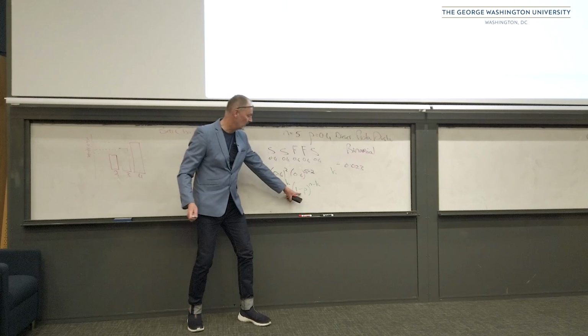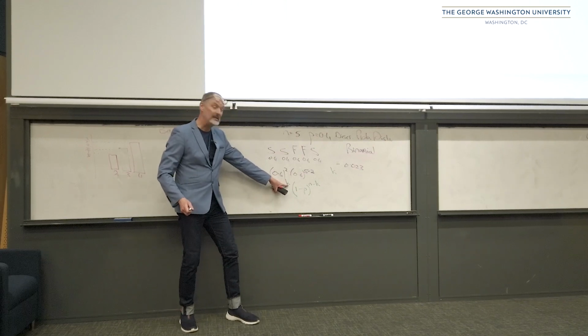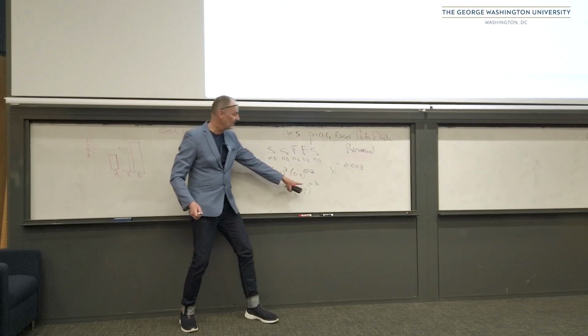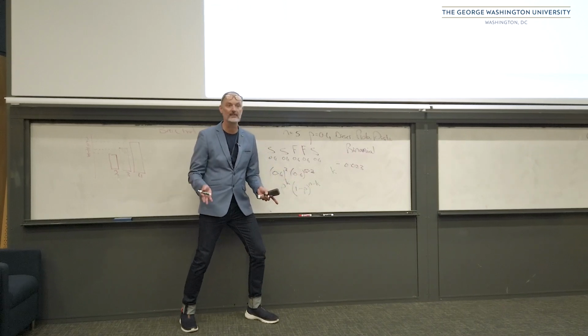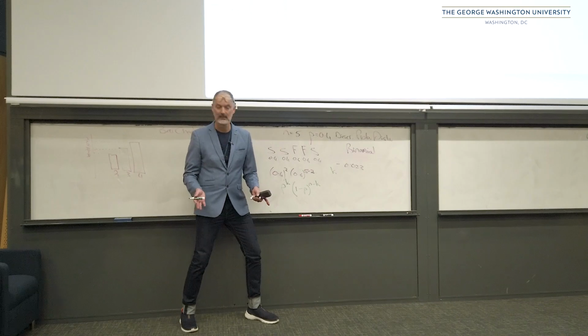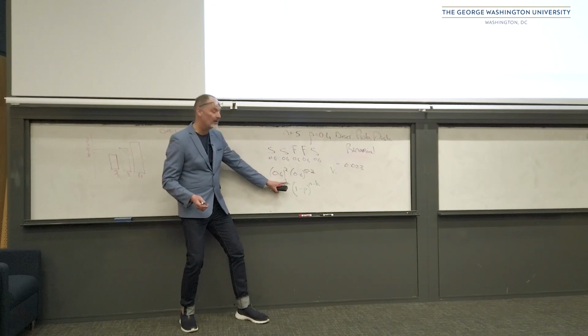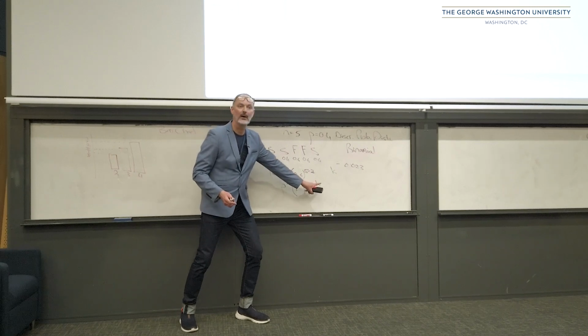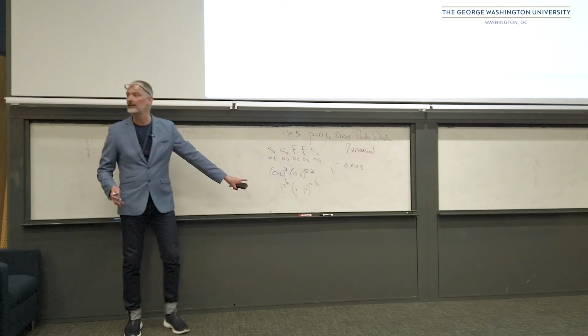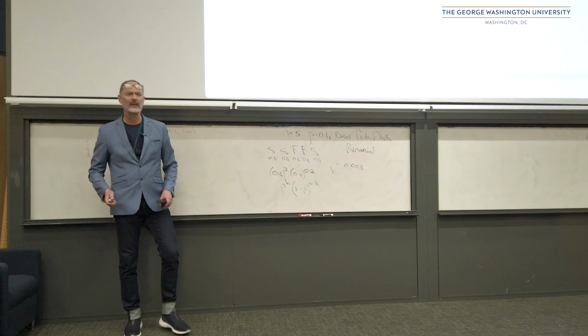Probability of success, probability of failure, to the power of how many successes I had. And failures is just the total number of cases I had minus the number of successes. Obviously, that has to be the number of failures. So it's the probability to the power of the successes, the probability of failure to the power of the number of failures. Can you all see that? I've just written it very neatly.